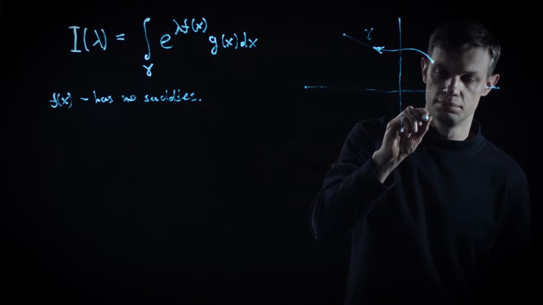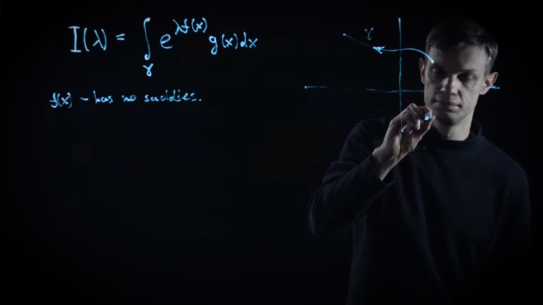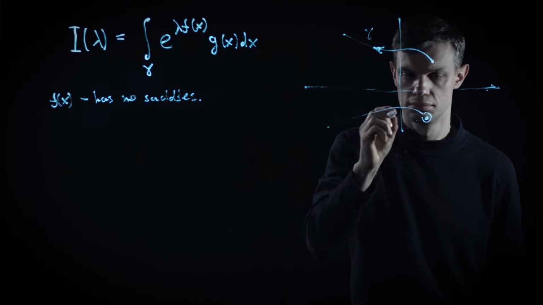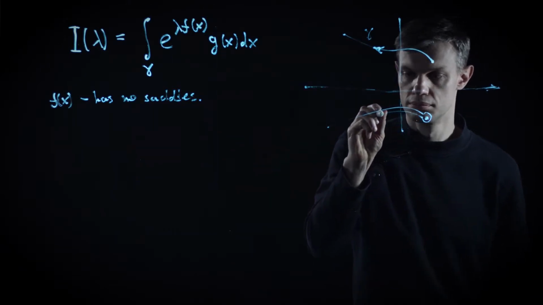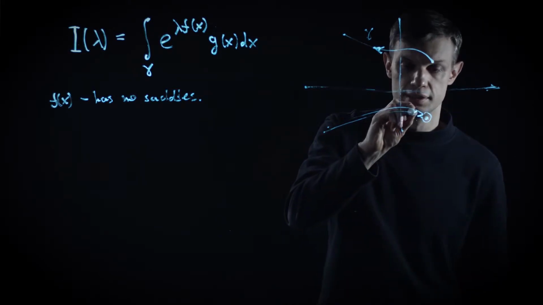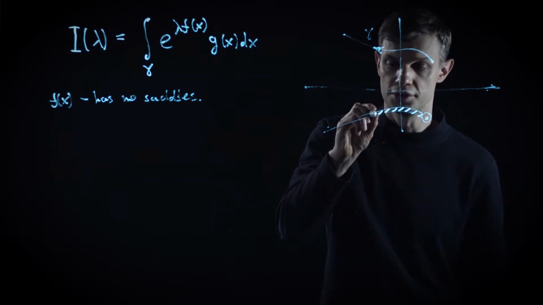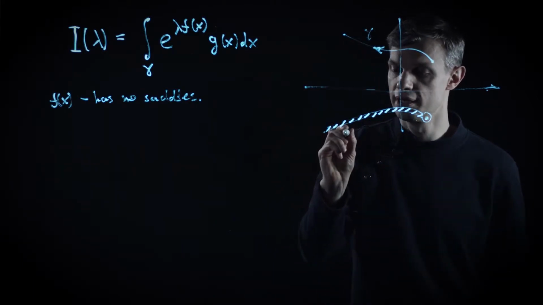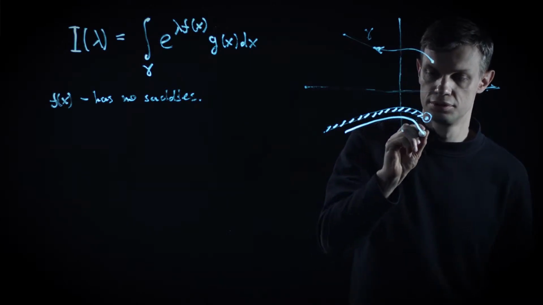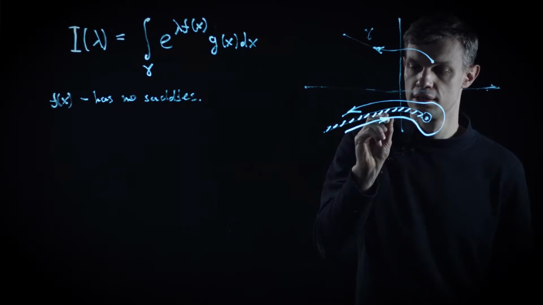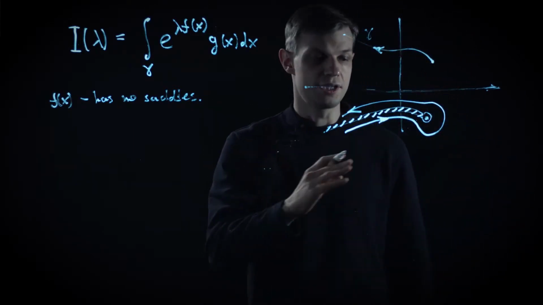So we have a branch point somewhere, and the branch cut is directed, for example, in some direction. Generally, it's a curve, and the contour is a Hankel type contour. So how do we build the asymptotic in this case?